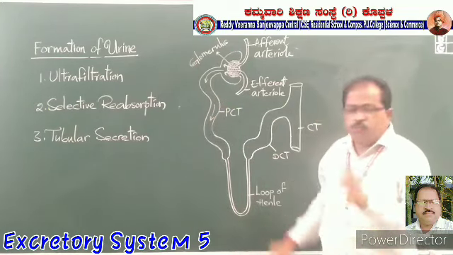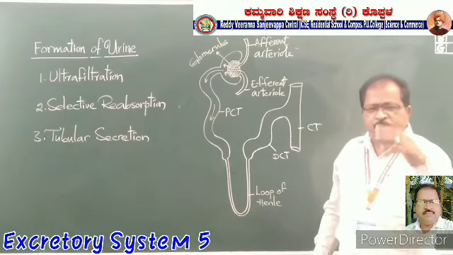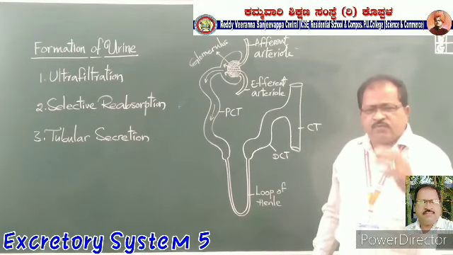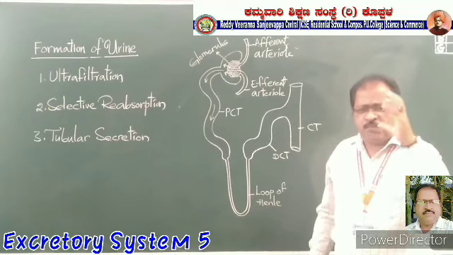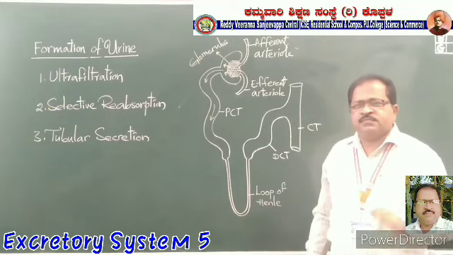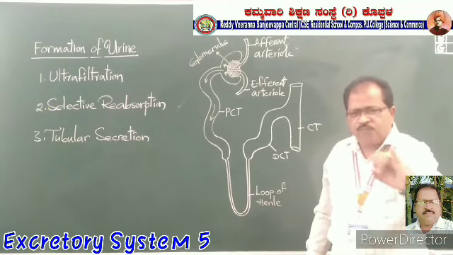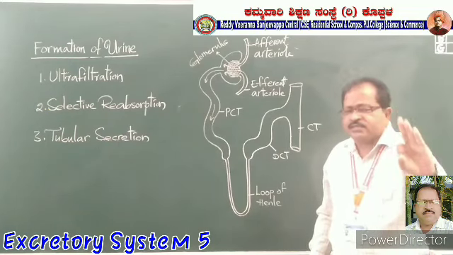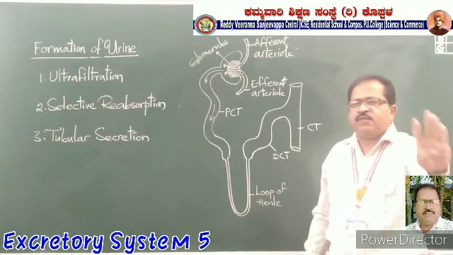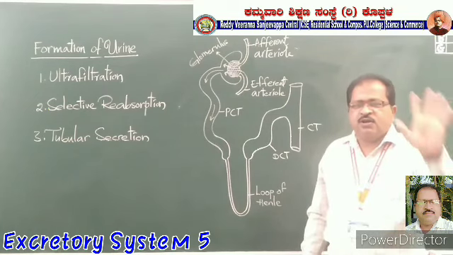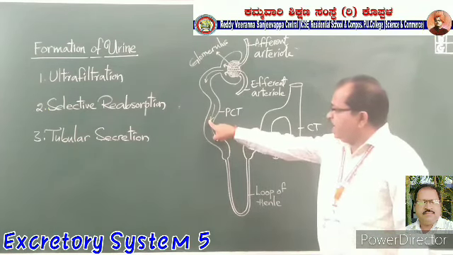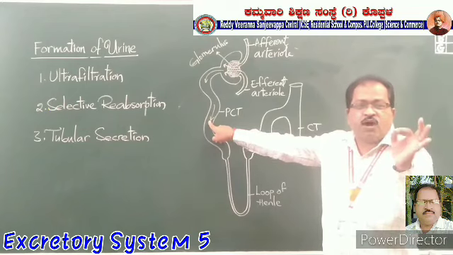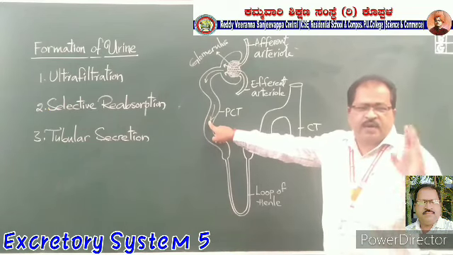While they are moving in the proximal convoluted tubule, some amount of water, glucose, uric acid and traces of vitamins and minerals will be reabsorbed through the walls of the PCT and enter the blood.